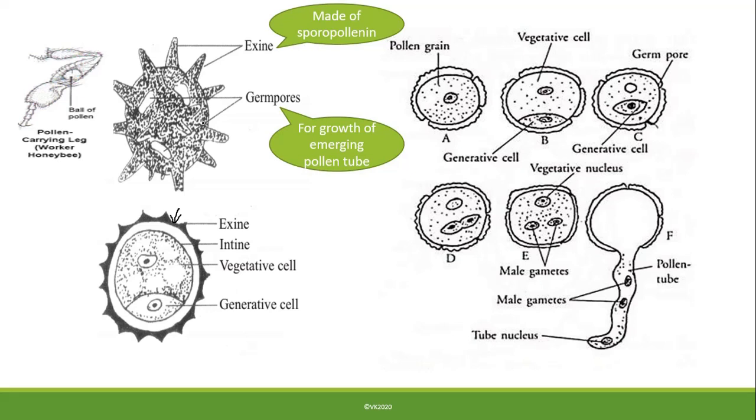For example, if the inner cell has to grow out, it needs space to come out. So the germ pores provide the space for the pollen tube to come out of the pollen grain. We have the intine below it, which is made up of cellulose and pectin. Again, thick substances which help in protection.